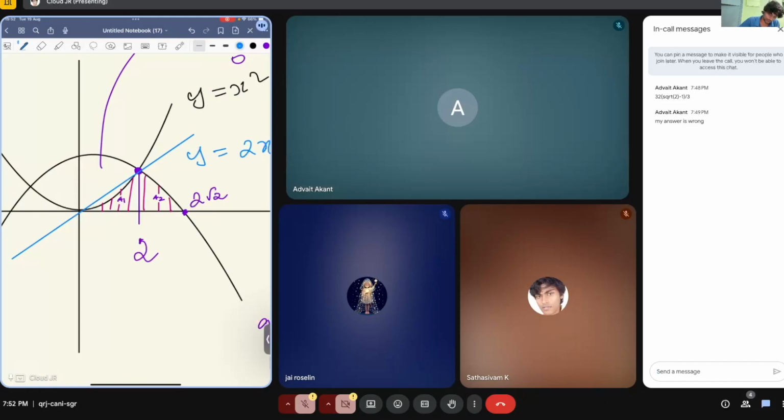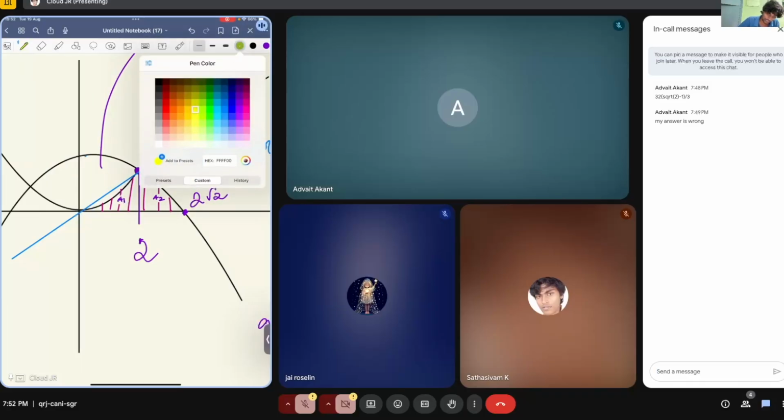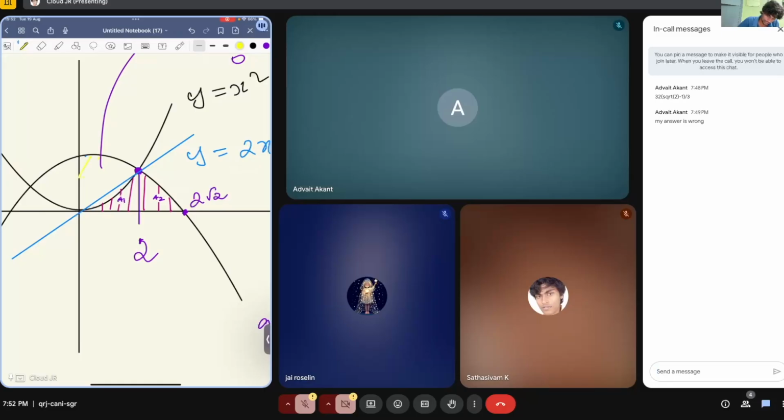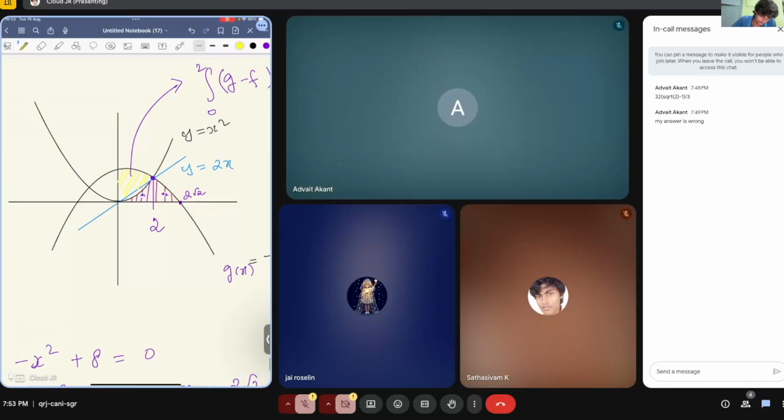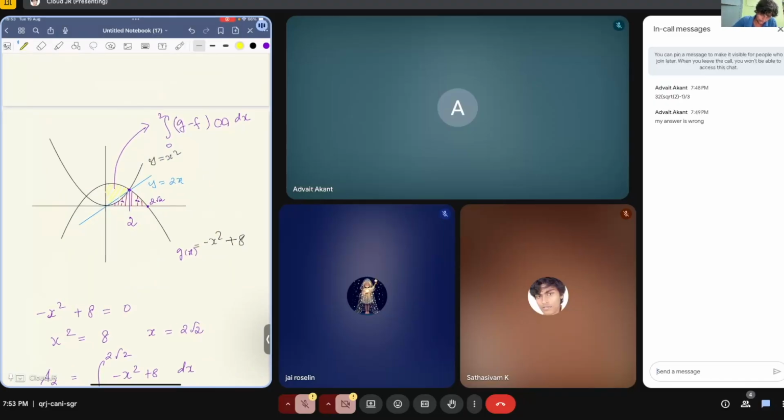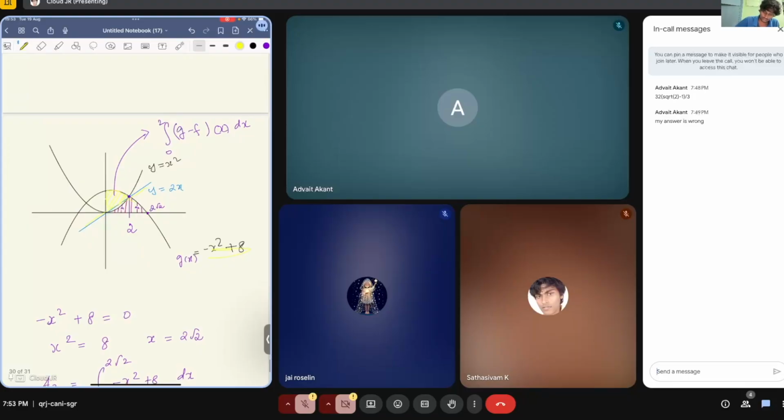Now I can also ask you, what is this particular area? It's the same thing, right? You take this curve and this line. You will not take this curve into the picture. Okay, this is the worst color to write.